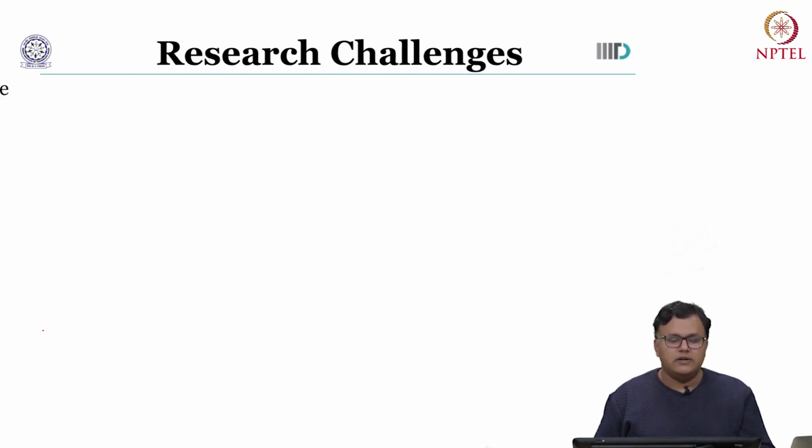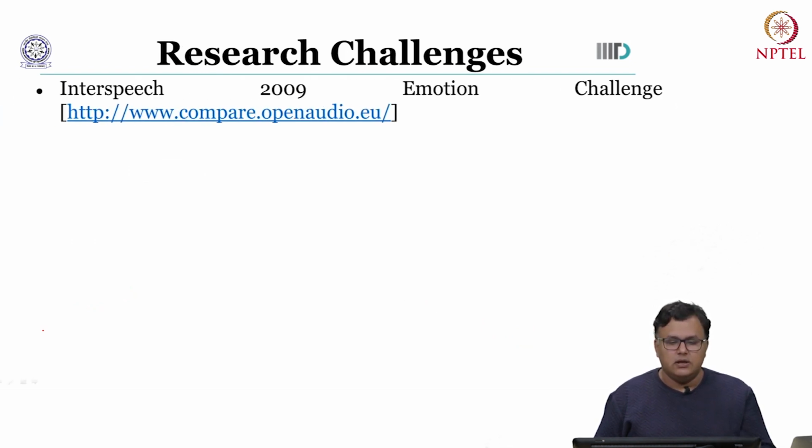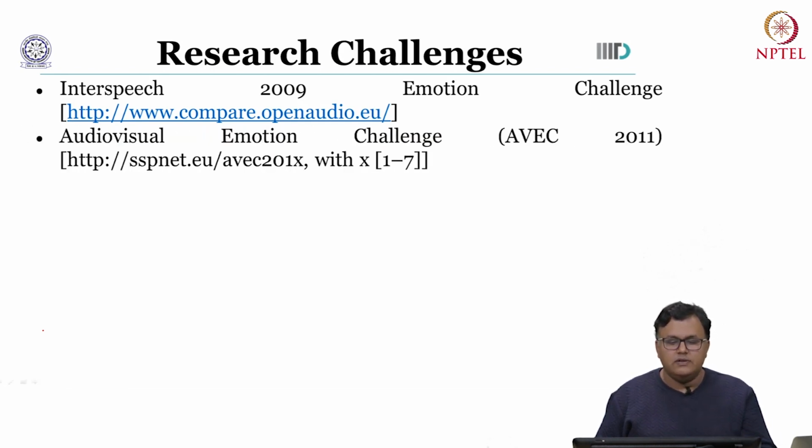Now let's look at some of the research challenges, friends. The very commonly used research challenge benchmarking platform is the InterSpeech 2009 Emotion Challenge. The other one, which is very commonly used in the community, is your audio visual emotion challenge, which is the AVEC challenge, which will have several tasks for emotion.